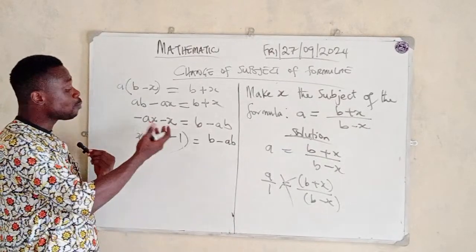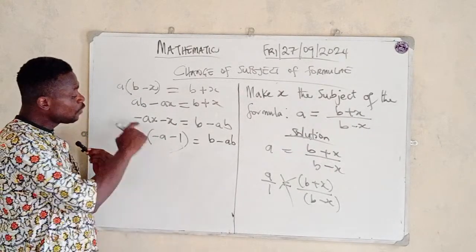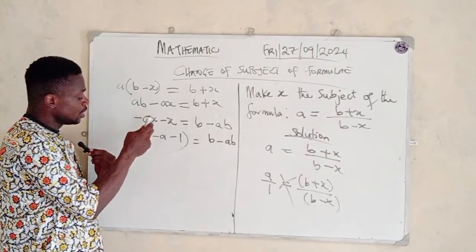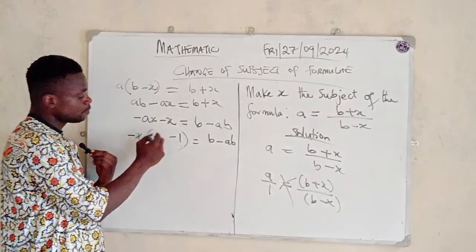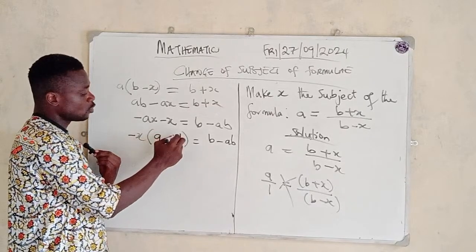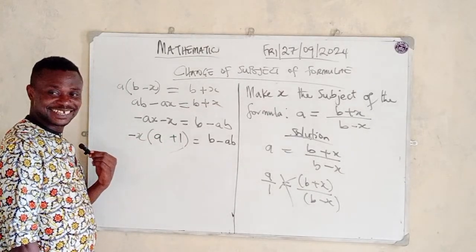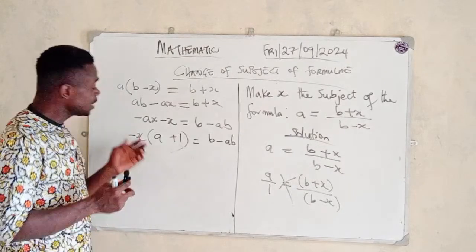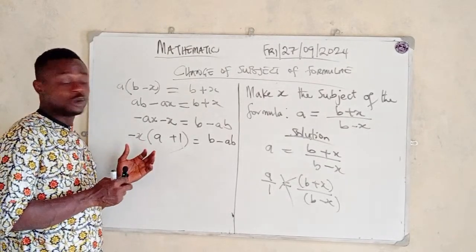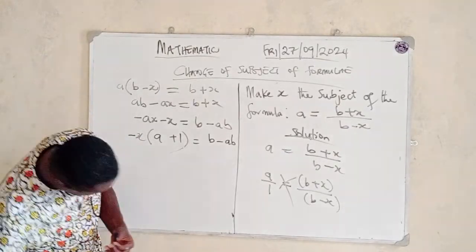We can bring that minus X instead of X. So if you bring out minus X from here now, here becomes minus X, here becomes A, here becomes plus 1. It shocks you. I said to save us stress, instead of bringing out X, we can bring out minus X. Don't worry, let me not confuse you.